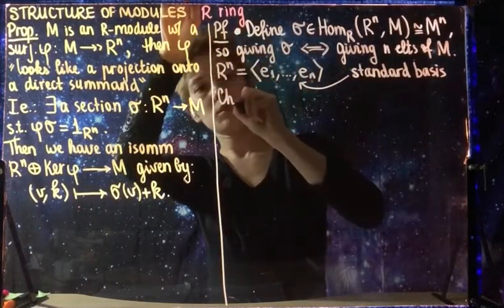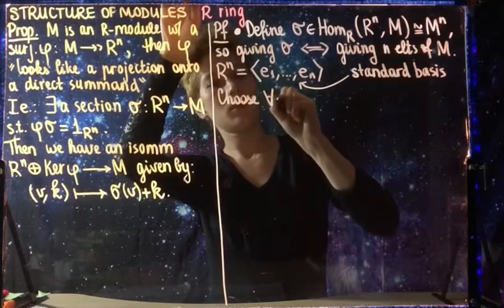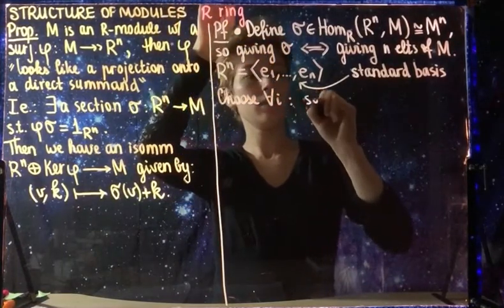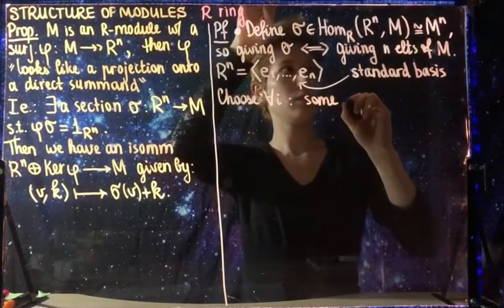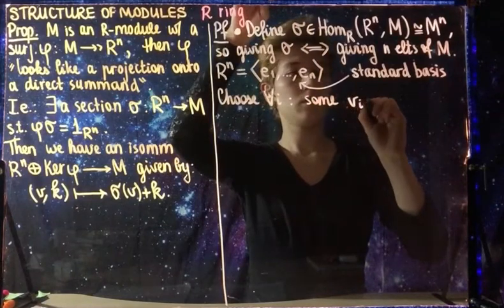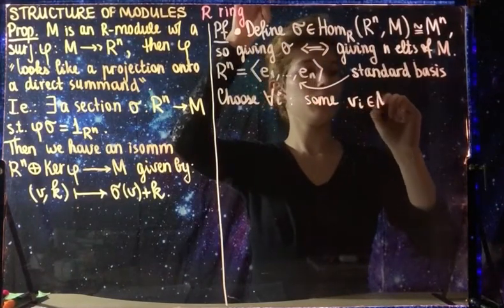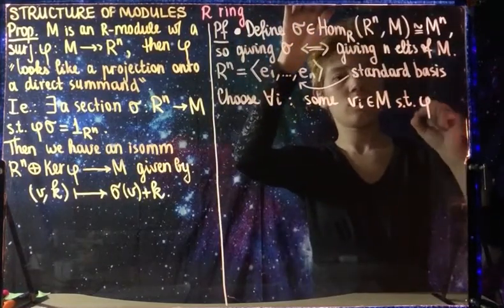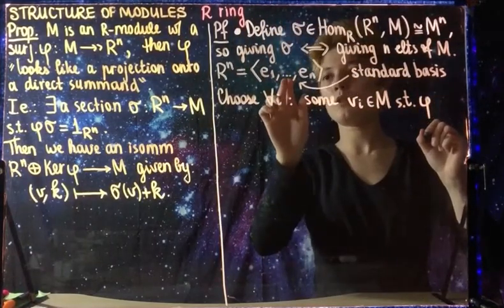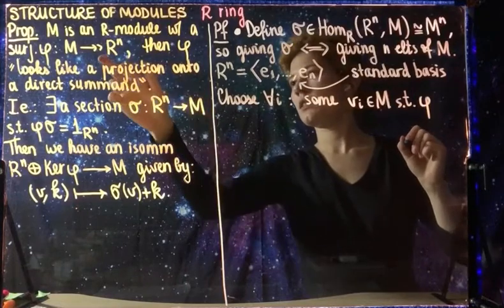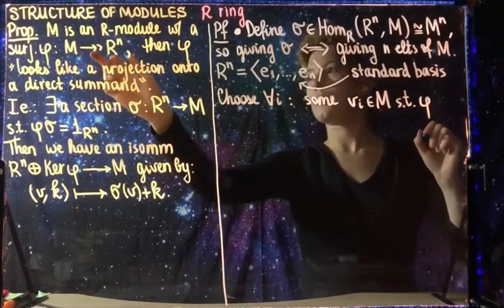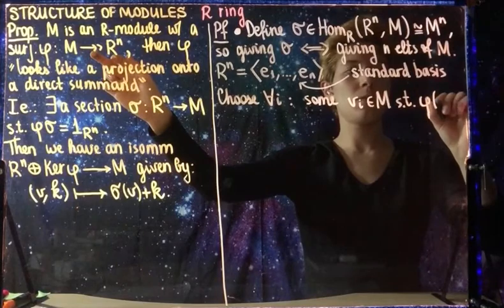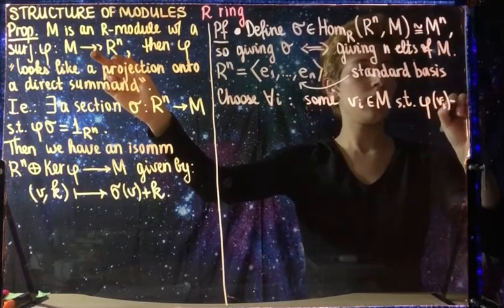And then choose for every i some vi in M such that this vi is in the preimage of ei under this surjection phi, such that phi of vi is equal to ei.